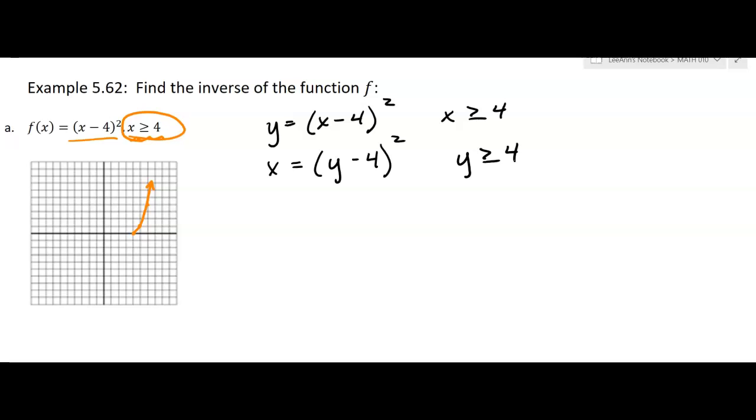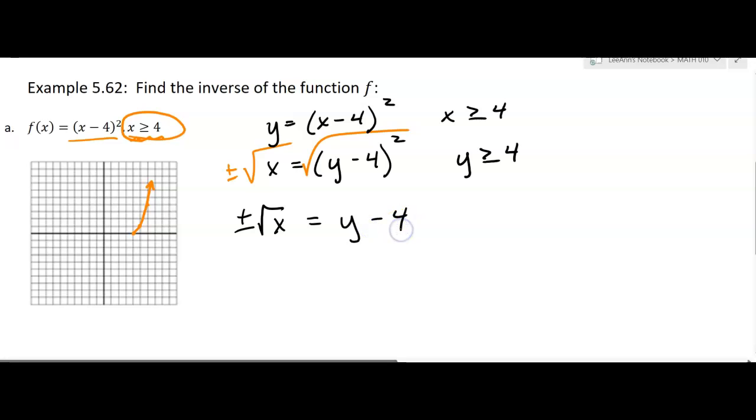So I need to take the square root of both sides, and when I do that, I always put a plus or minus in. So plus or minus the square root of x equals y minus 4, and then I would add 4 to the other side. So I'd have plus or minus the square root of x, plus 4, equals y.